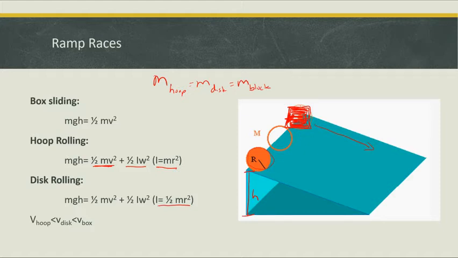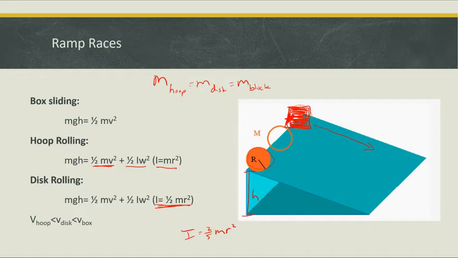And it's because it's easier to turn our disk, because of the distribution of mass, than it is to turn our hoop. We can even throw in a sphere here. For a sphere, our I is going to be equal to 2/5 mr squared. And you could even think about what that is going to give you.